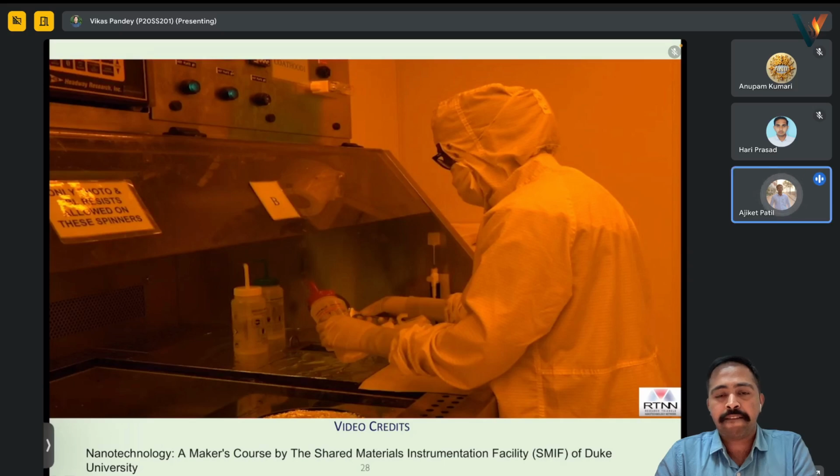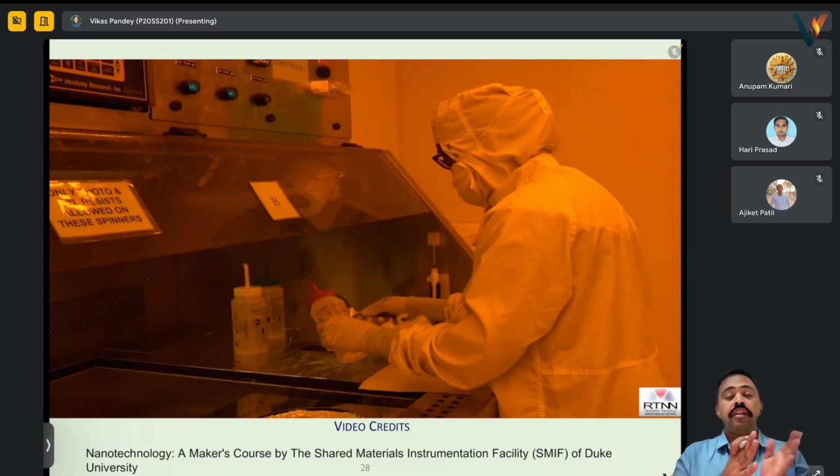No questions till now. Okay, so after developing, there is a hard baking also, so that the pattern that we have made has to be hardened, because that whole thing is going to be put into some kind of etchants, and it should not get affected by those.